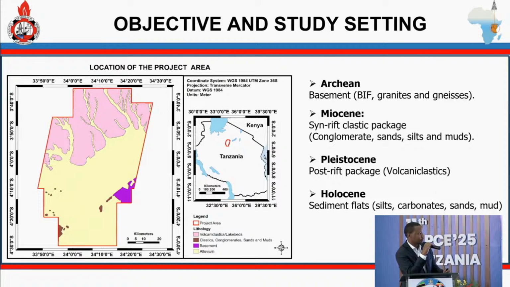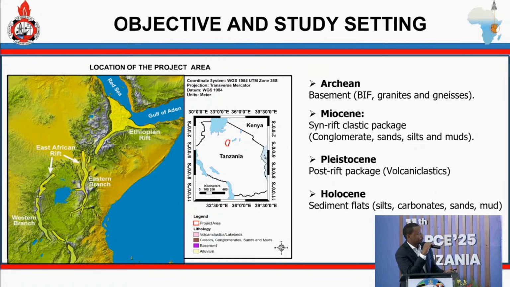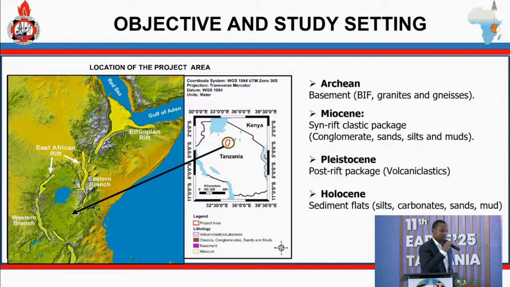Also, we have Pleistocene and we have Holocene. And as you can see, within the east, this is where this area is located in relation to the other rift systems. So basically, this is where we are talking about, and this is our study area.